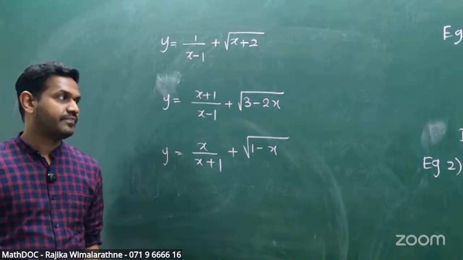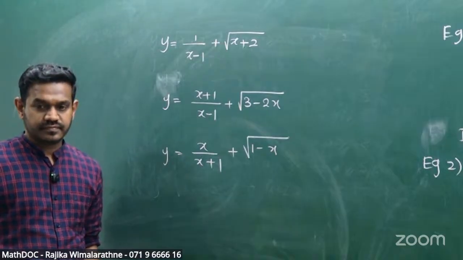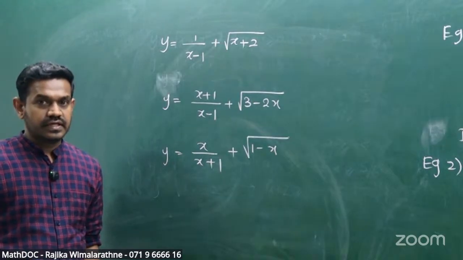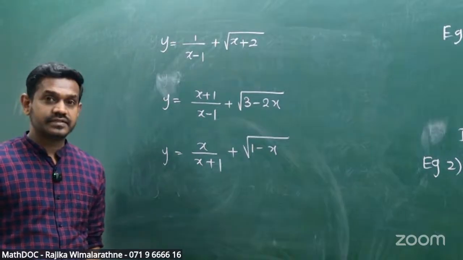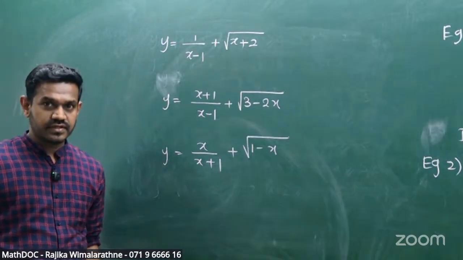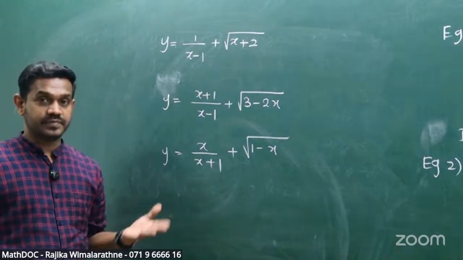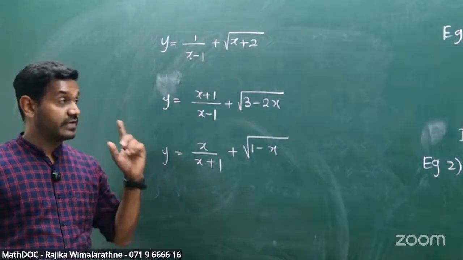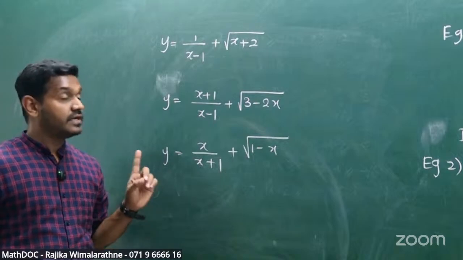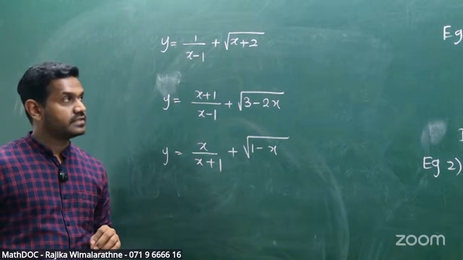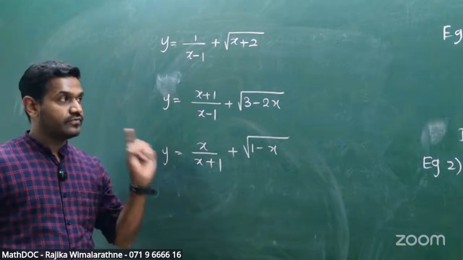Take time. You think and do. Check whether we have denominators and check whether we have square roots. Within a square root, values must be non-negative, and when we have a denominator, we remove the denominator zeros. Then finally, you write the final answer.